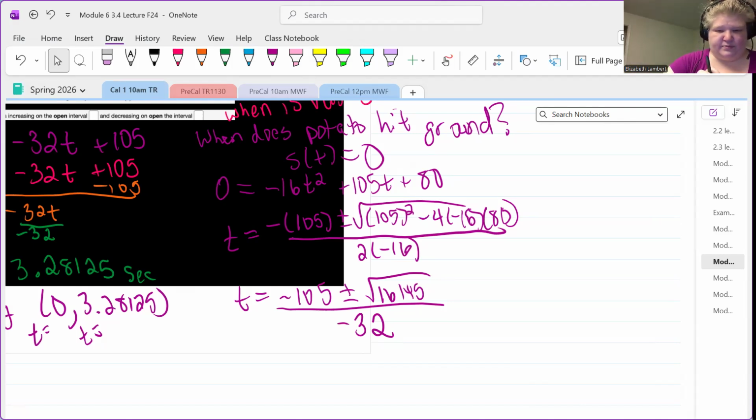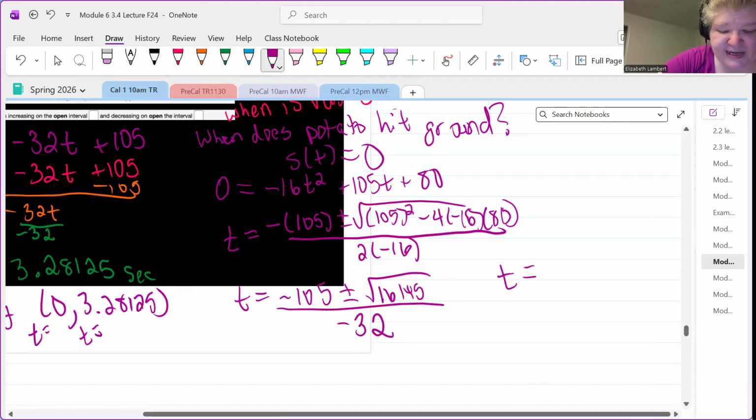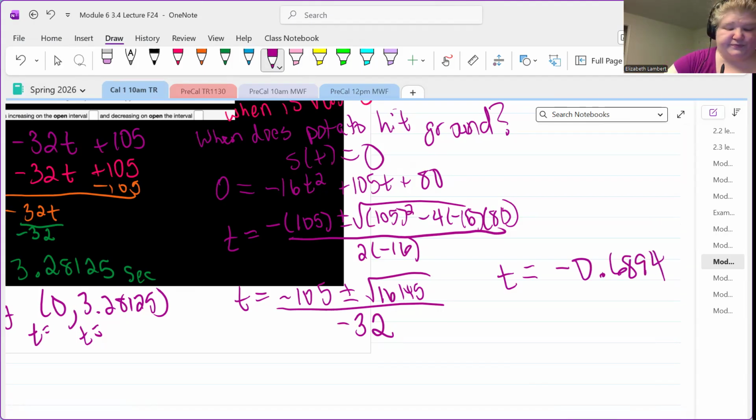So I'm going to do negative 105 plus that square rooty number, and then I'm going to divide that by negative 32. So my first number is negative 0.6894, blah, blah, blah.